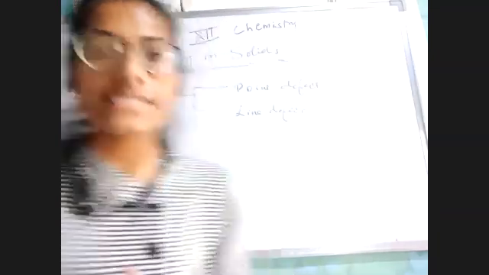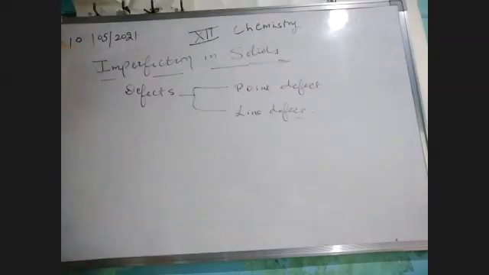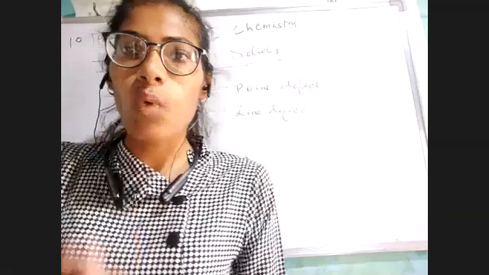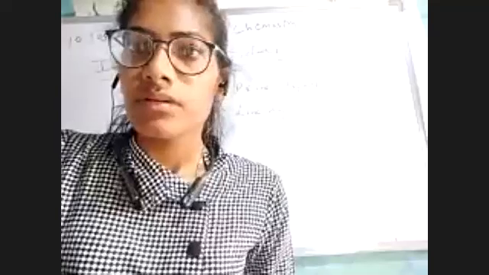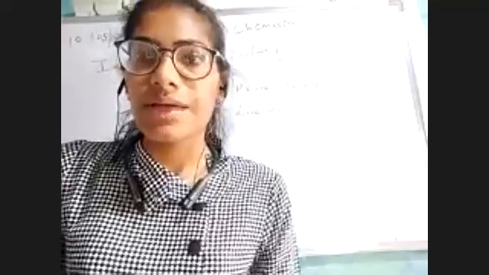Okay, so let's start. The imperfection in solid is clearly defined as the defects that a solid consists of whenever it aggregates small crystals. I'm repeating it again. I hope everything is okay.